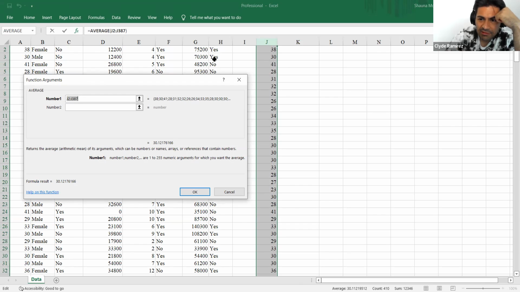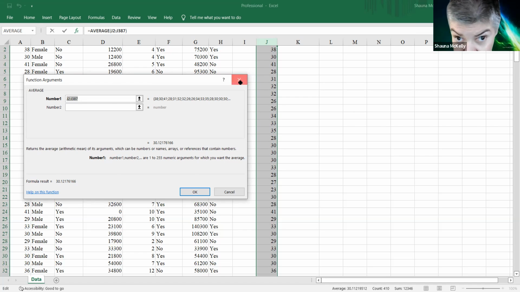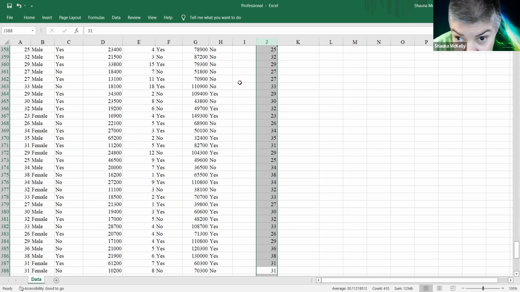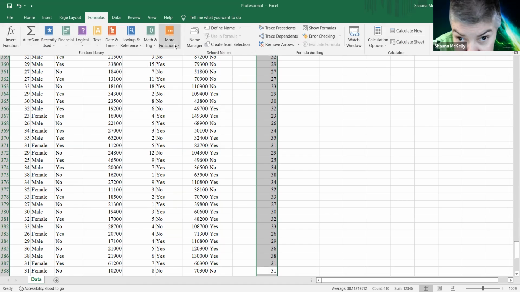You're in formulas, Shauna? Formulas, and then, okay, there are a few ways to do this, but what I did was I went to formulas and then more functions, and then statistical.